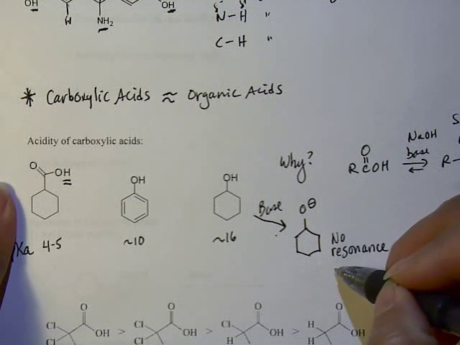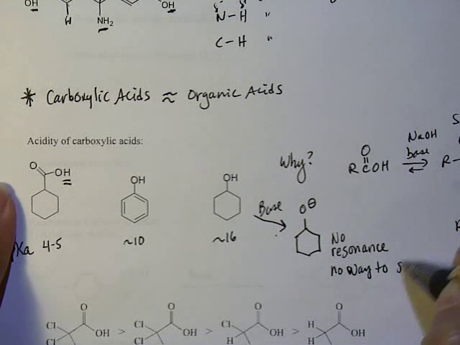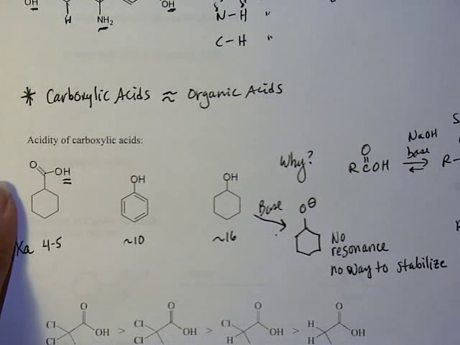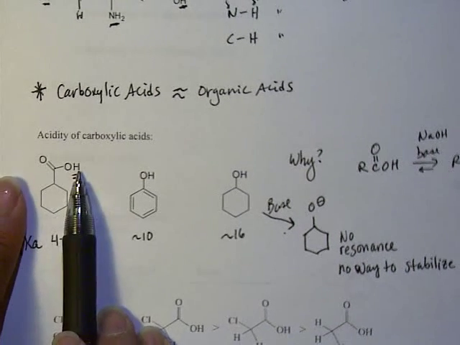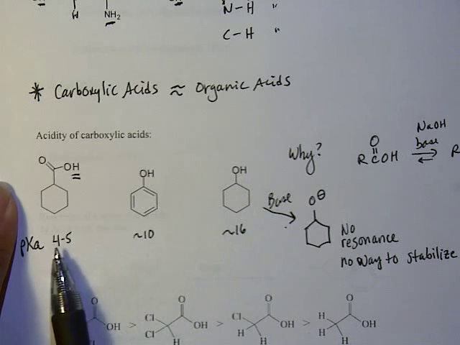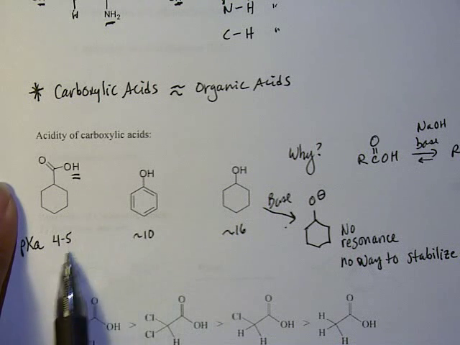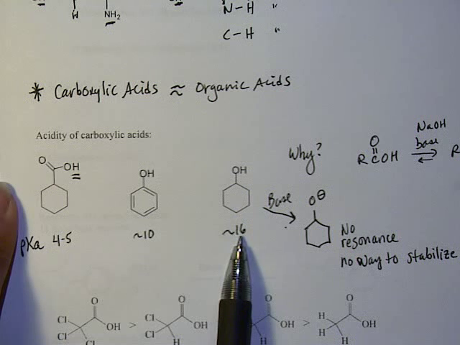There's no way to stabilize it. So comparatively speaking, this hydrogen is much easier to remove than this. And that's reflected in the difference in the pKa. That's why the acid pKa is so low compared to the cyclohexanol.